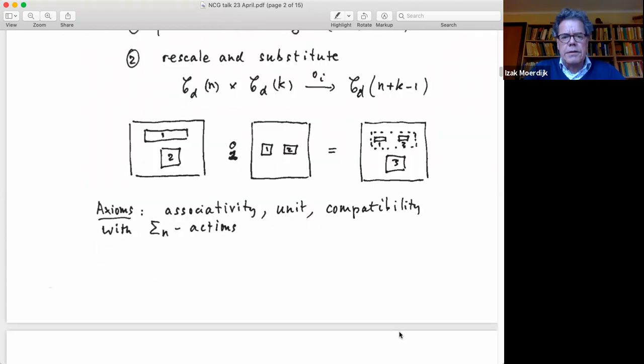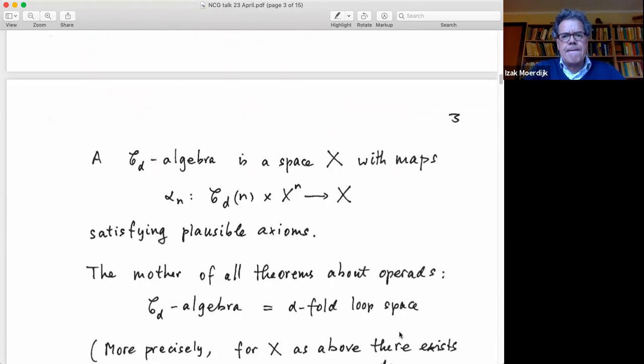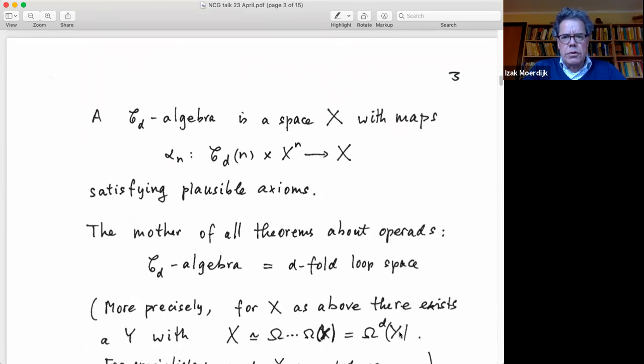So why is that an important object? Well, for any operad, there's the notion of an algebra. In this particular case, I said already, you should think of this space as the space of n-ary operations.